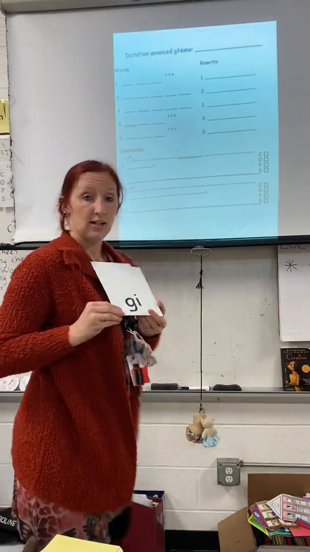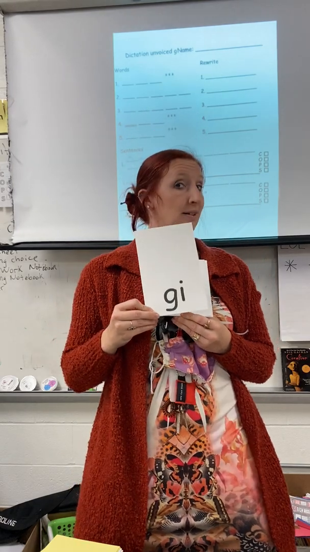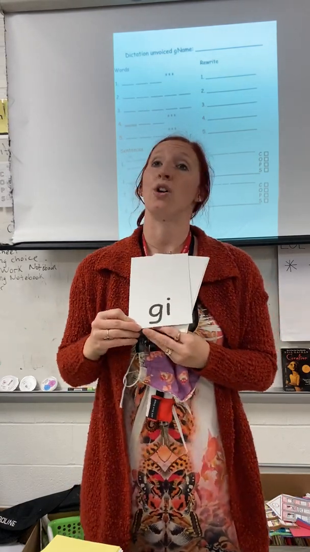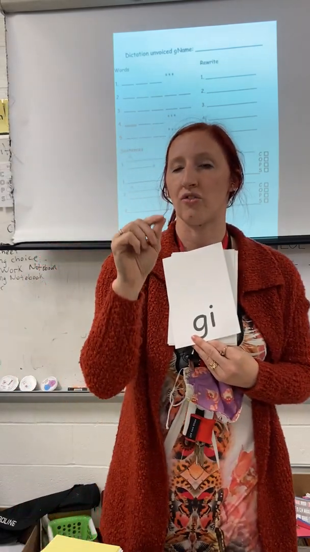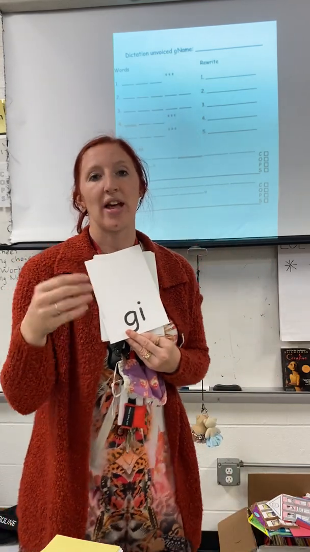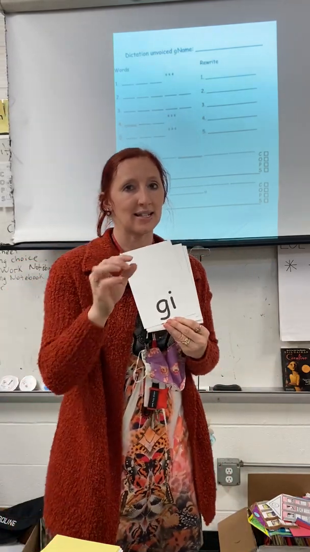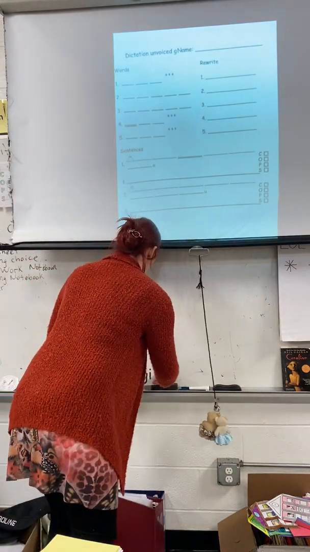What about this? That would say J as well. I know girl is confusing, but that is the R-controlled vowel, I with R. That's kind of breaking the rules, so that's a J as well.